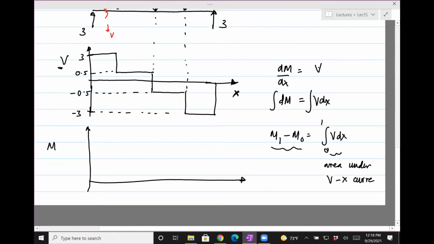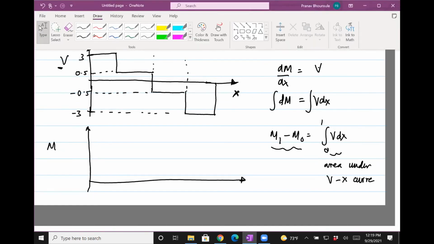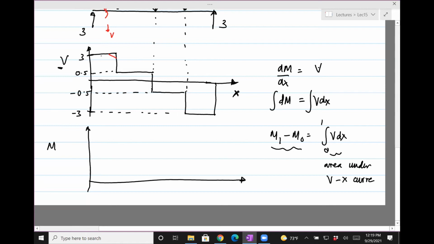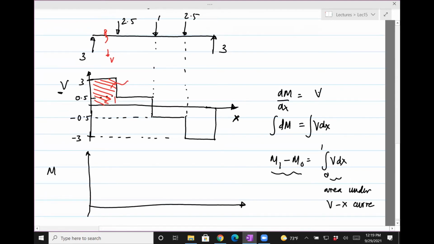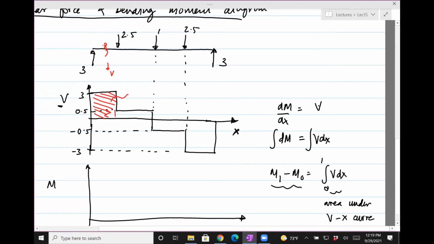So for this particular problem, it's actually kind of simple. This area, you can observe that it is 3 times 2: 3 is the height, and the distance is 2. So the area is 6.